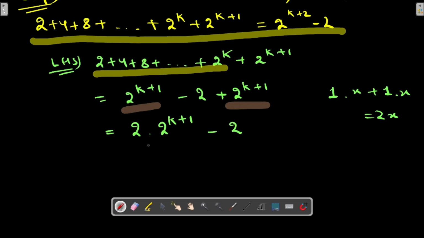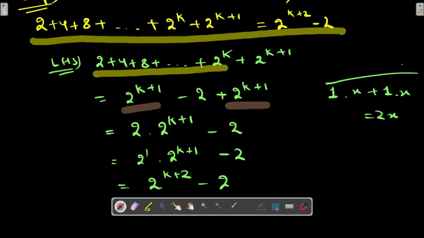But can I write 2 as 2 to the power of 1? So it becomes 2 to the power of k plus 2 minus 2, and this is your rough work, the dry work.